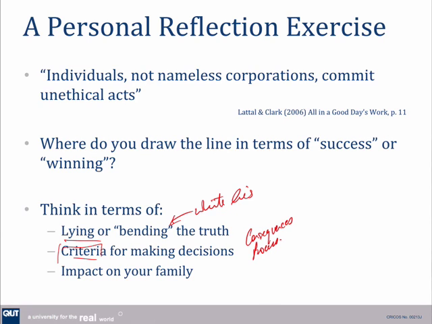And also thinking more broadly, what's the potential impact if something goes wrong, not just for you, but also for your loved ones or those who look up and respect you? Where do you draw the line in terms of success or winning? Because in the end, it's individuals, not a corporation, that actually undertake these ethical acts. At the heart of the matter, someone, somewhere, made this decision.